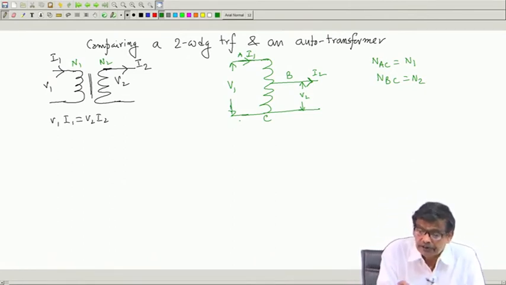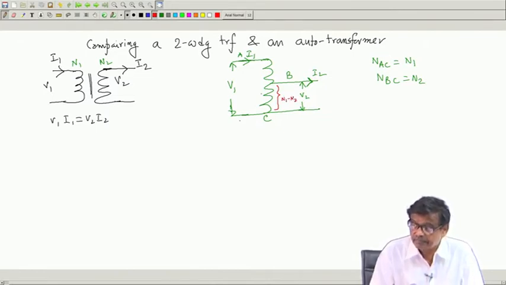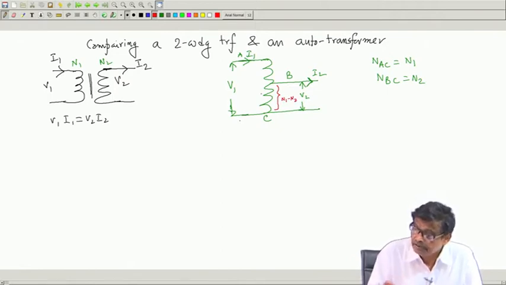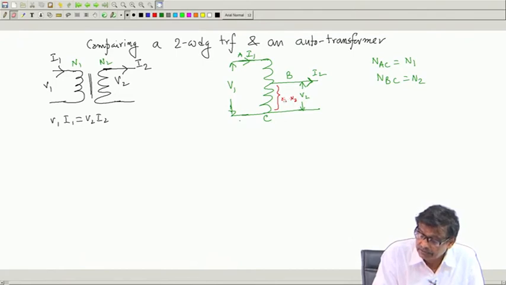Now, the number of turns present here in this portion is N1 minus N2. No, the number of turns present here is N2, that is what I have assumed.